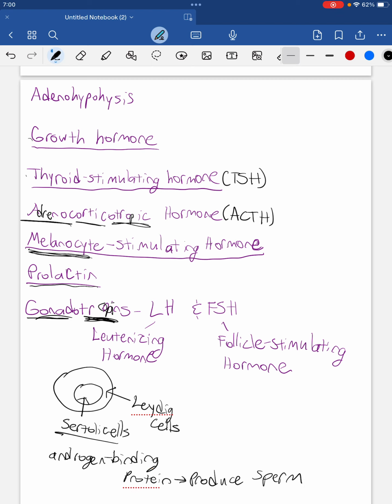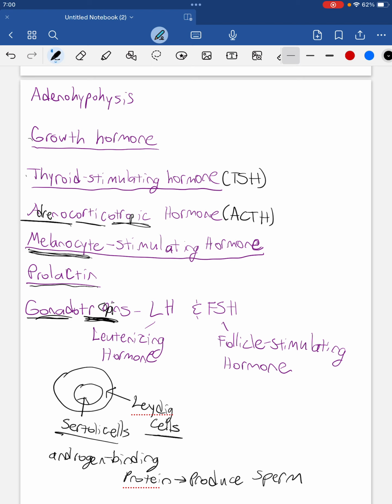So that's what follicle stimulating hormone does in males and people with testes. It helps to eventually produce sperm. Luteinizing hormone stimulates these Leydig cells to produce testosterone.